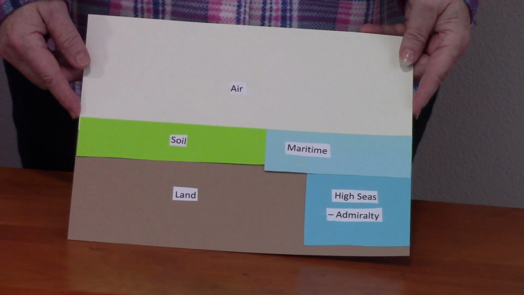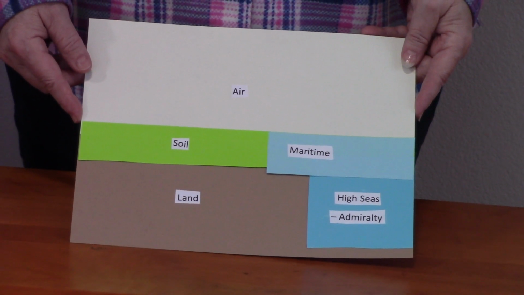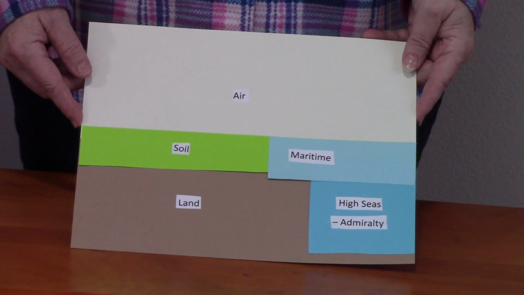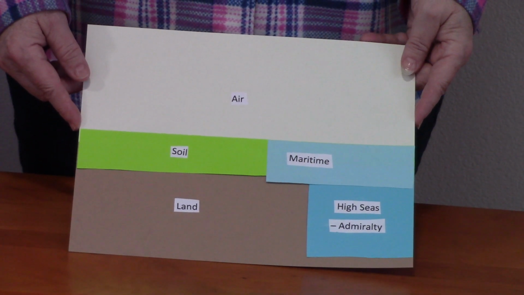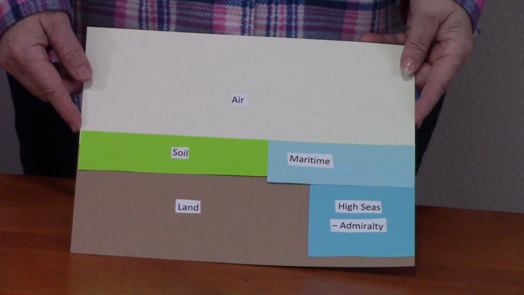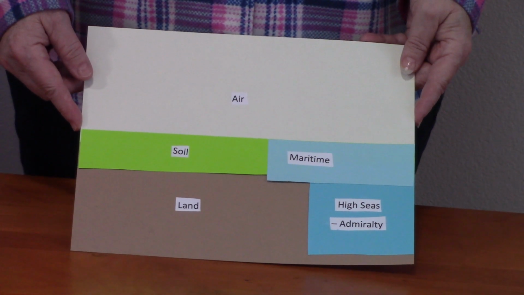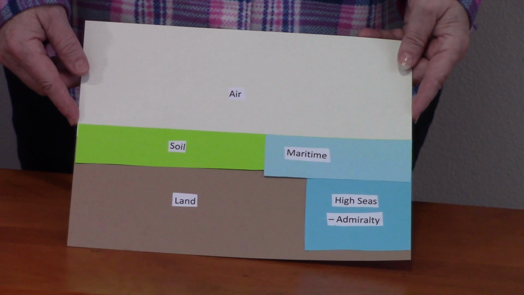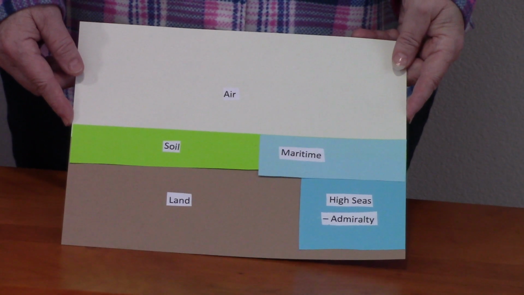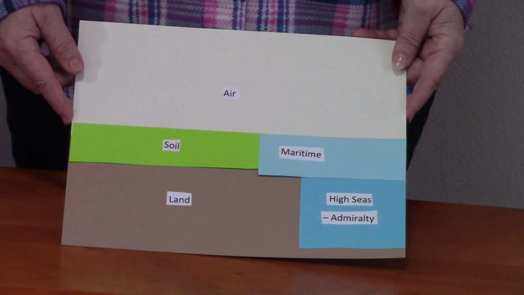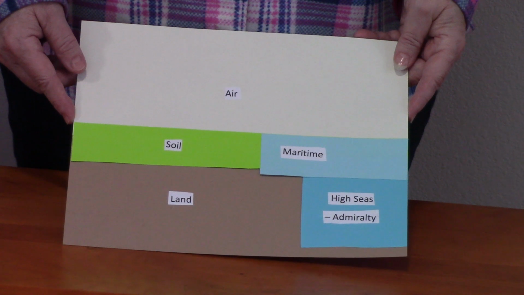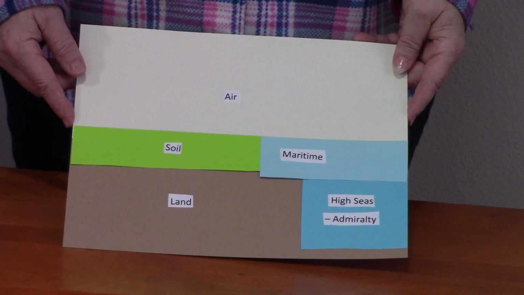Law is distinct from legal, and I really recommend that everybody go look up the two words law and legal in a law dictionary. That will help you to understand the two different systems that we are working with.